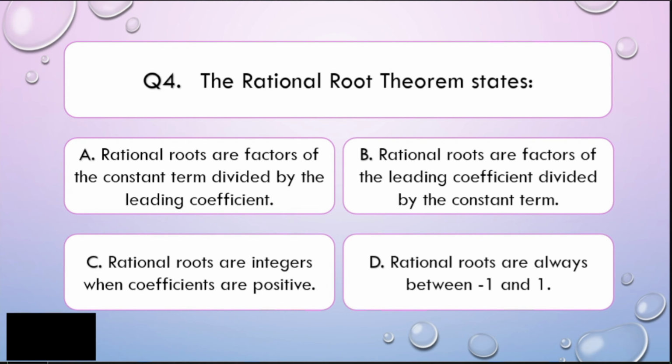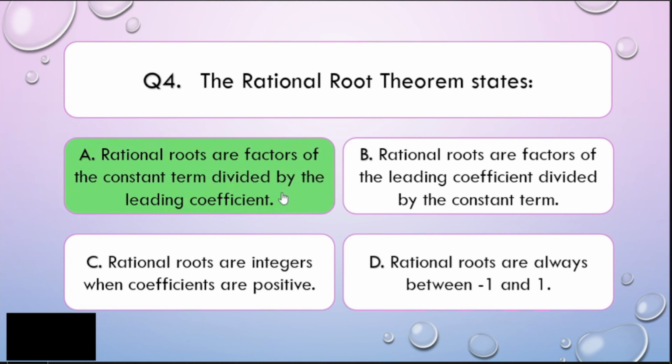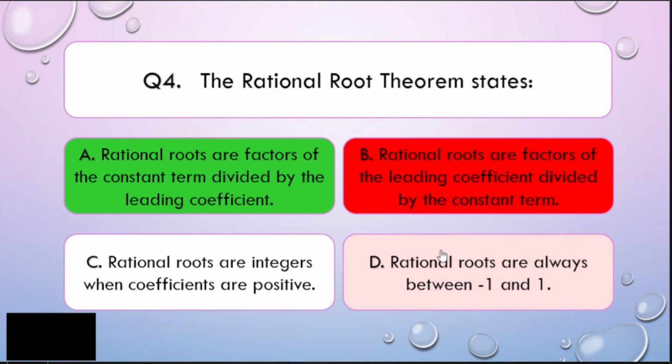Alright, my dear math learners, the technique here in answering this question is very, very simple. Talking about the rational root theorem, when we say rational root, it means that you will be dividing your constant term by its leading coefficient. So, therefore, the correct answer here is letter A. Alright, we are correct, my dear math learners.